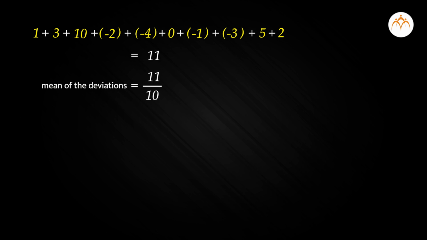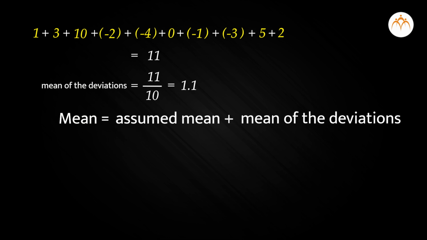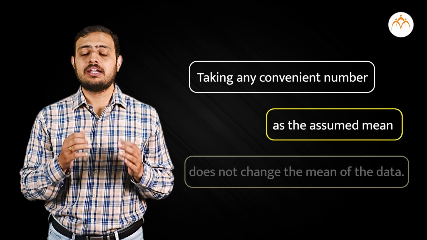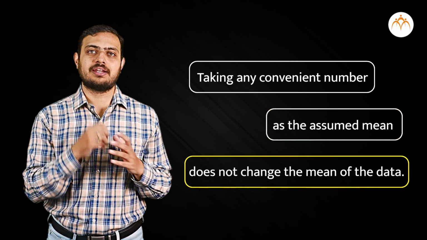Therefore, mean of deviations is equal to 1.1. Therefore, mean is equal to assumed mean plus mean of the deviations. That is, X bar is equal to A plus D bar equal to 54 plus 1.1 equal to 55.1. This is the same mean. Hence, taking any convenient number as the assumed mean does not change the mean of the data.